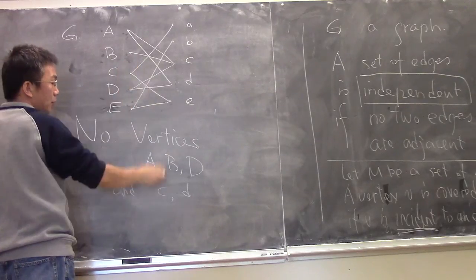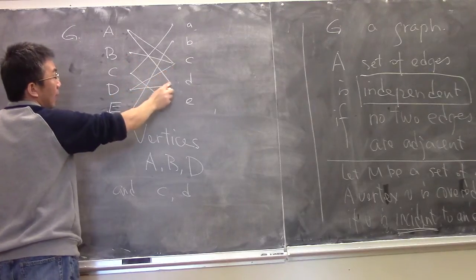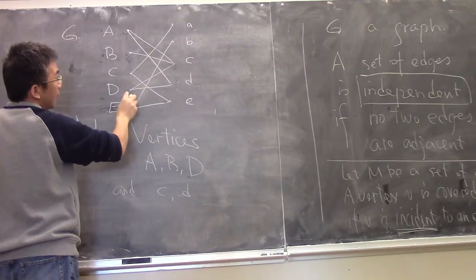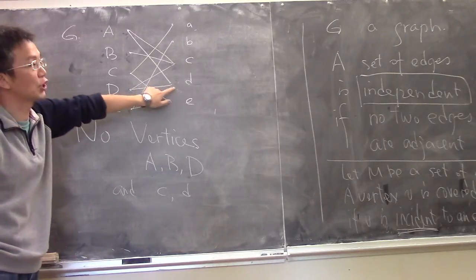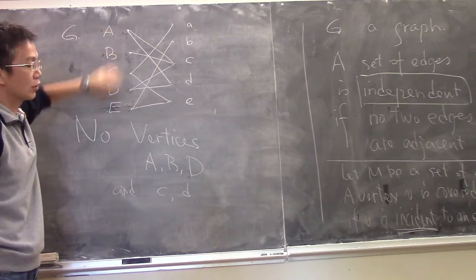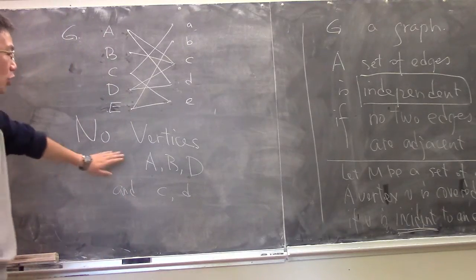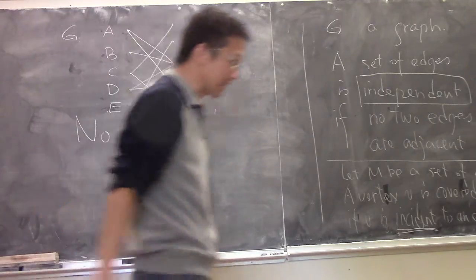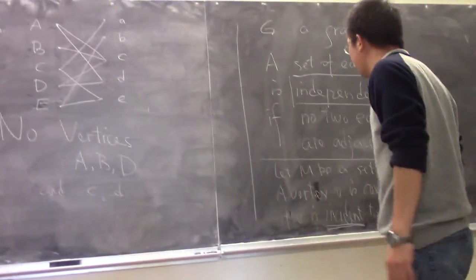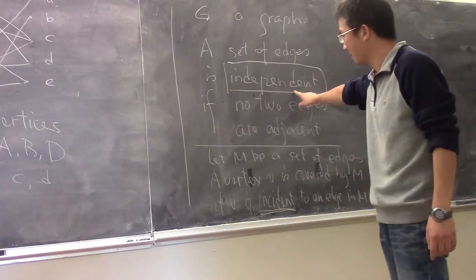So the only way to do the assignment is you have to assign A to C, B to C, right? And then you can only assign 1 person to D, either A or D. So that will leave A or the other one with no job, right? So therefore, there's no way to find such a matching, right? But anyway, this gives us quite good motivation to consider what we call independent sets.